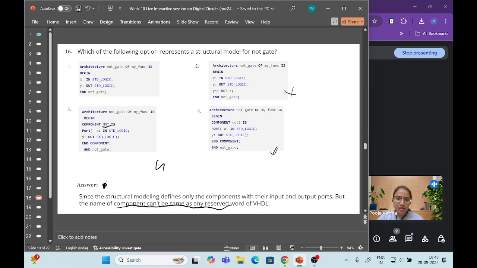The architecture starts with not gate of my function, begin, the component not gate. In the other option they have used the function name not, which is already an operation, so we can't use it in the component list. So port X in std_logic, Y is the output, and the component ends as not gate. So option 4 is the correct answer.